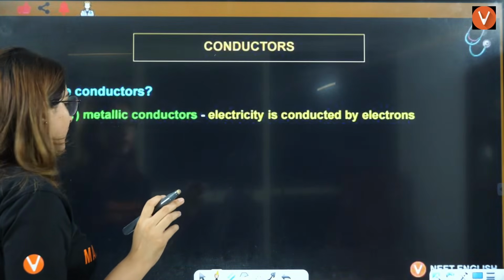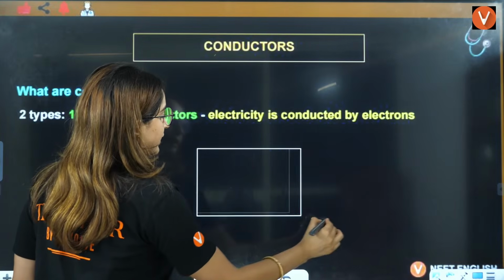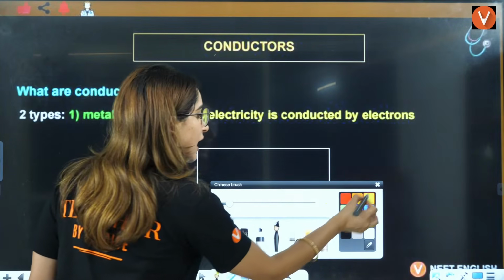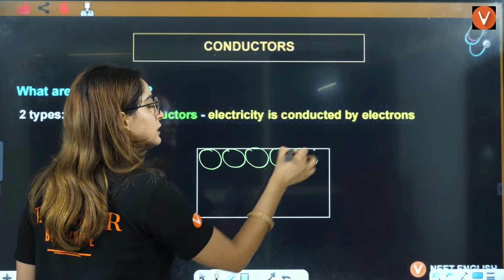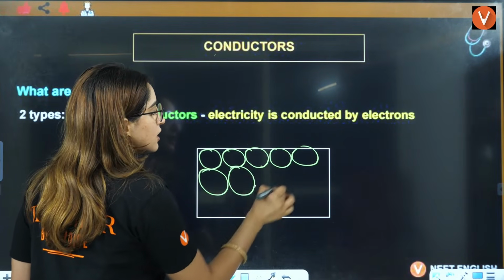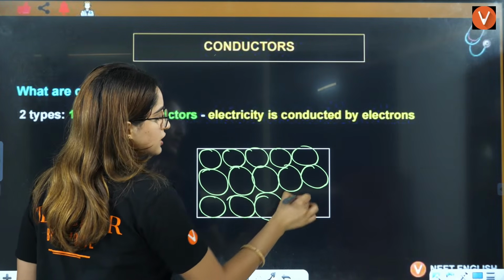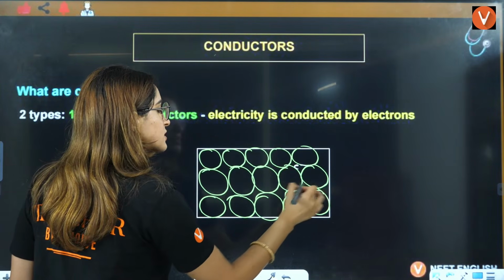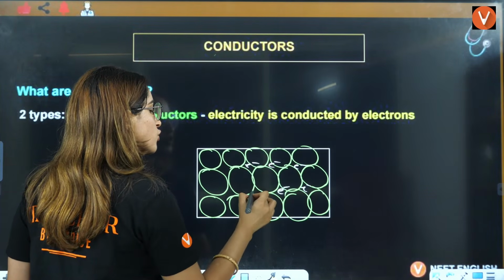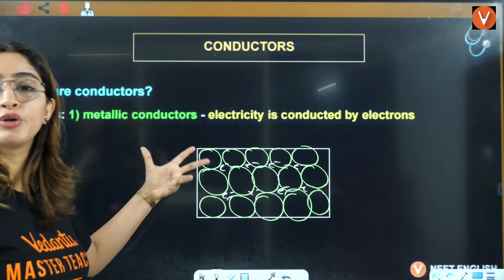See, in metallic conductors, what exactly happens? For example, you have a metal. In that metal, you will have atoms, which are called kernels. So these will be your atoms, and here you will have free electrons, which make the electricity flow.